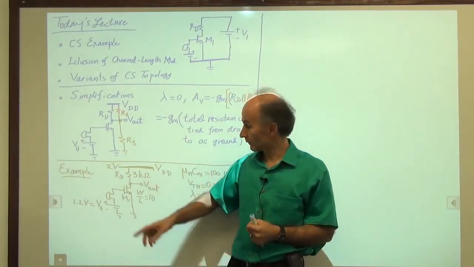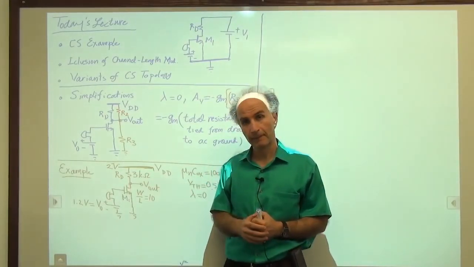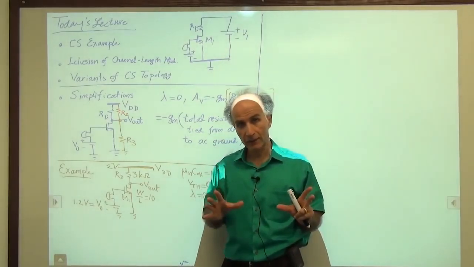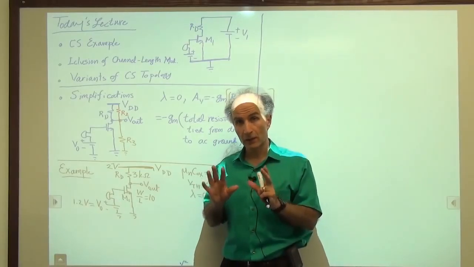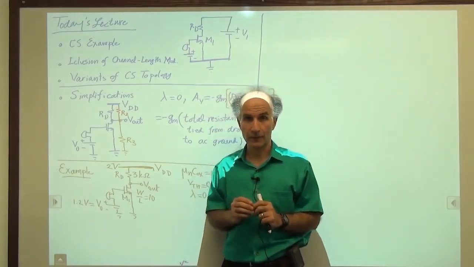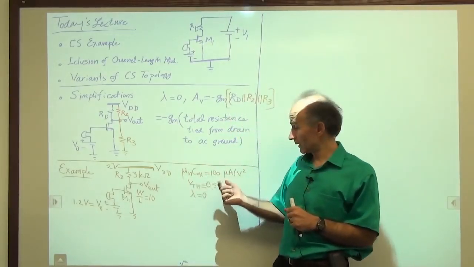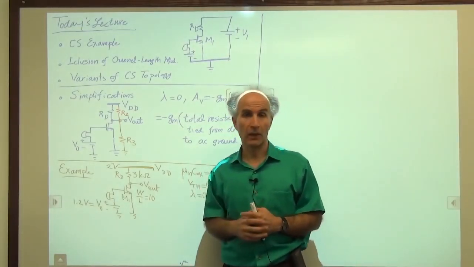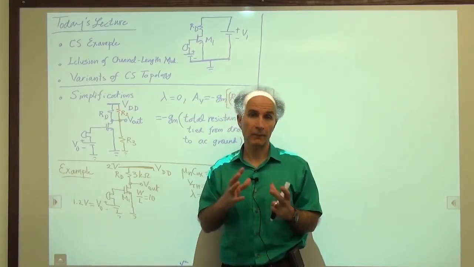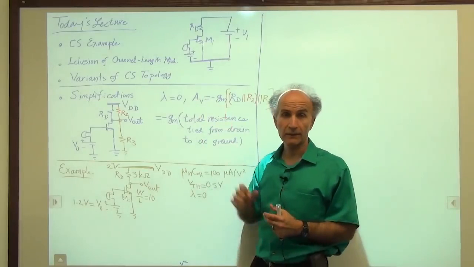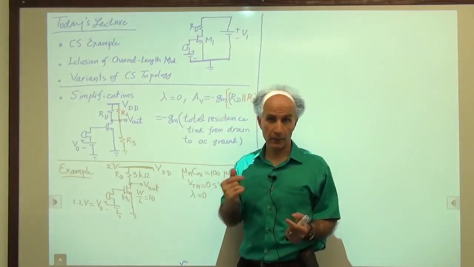Using that, we can find the bias current. Once we have the bias voltages and the bias current, we can find the small signal parameters, gm and maybe rO. In this case, rO is infinity, but in other cases it may not be. Once we have the small signal parameters, we can go ahead and find the voltage gain.